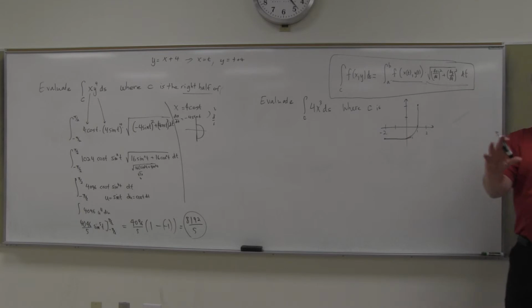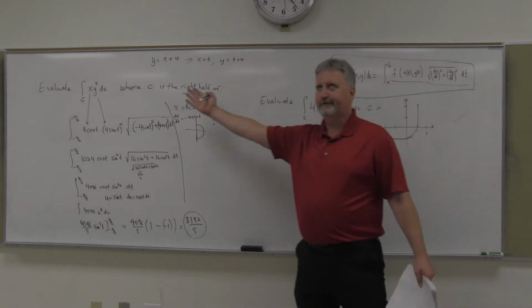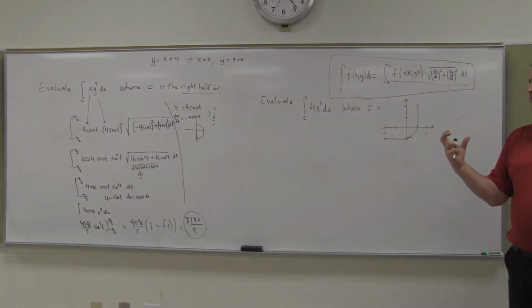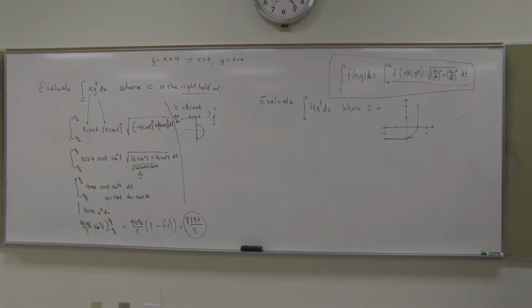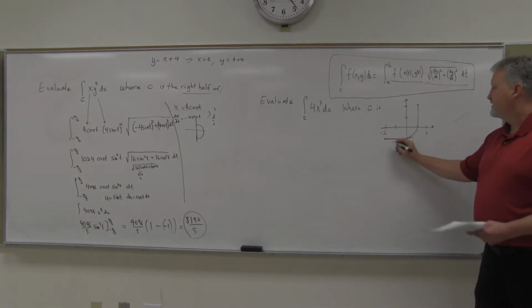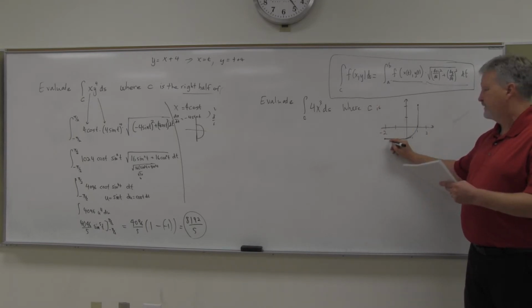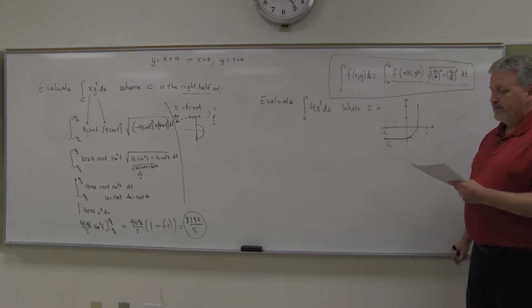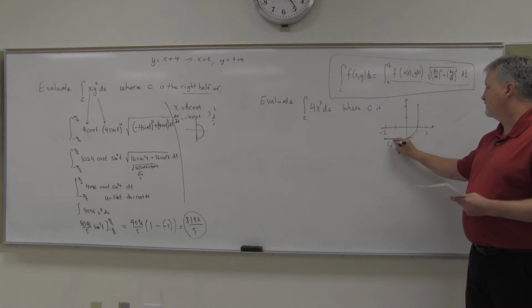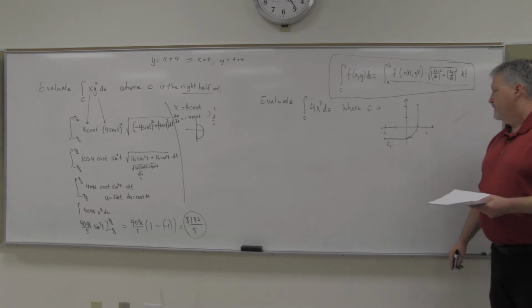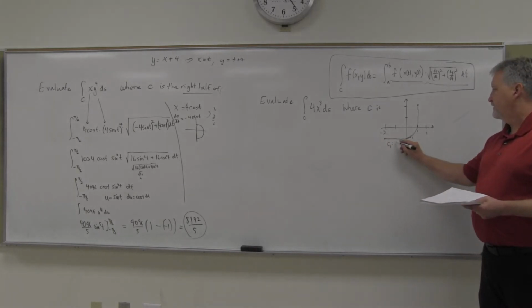So what this one is, all right, so we don't have to have just a single curve or a curve that can be represented by a single function. We can have a curve here, so C is going to be made up of 3 parts. We're going to have C1, C sub 1, well, it goes from negative 2 to the y, I mean the x, but that's just a horizontal line.